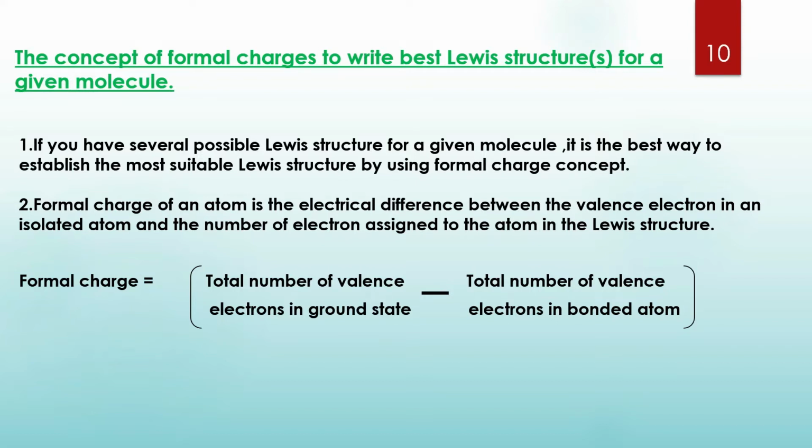The formal charge is the electrical difference between the valence electrons in an isolated atom and the number of electrons assigned to the atom in the Lewis structure. So the formula is: formal charge is equal to the total number of valence electrons in the ground state minus the total number of valence electrons in the bonded atom. By subtracting this, you can get the formal charge.